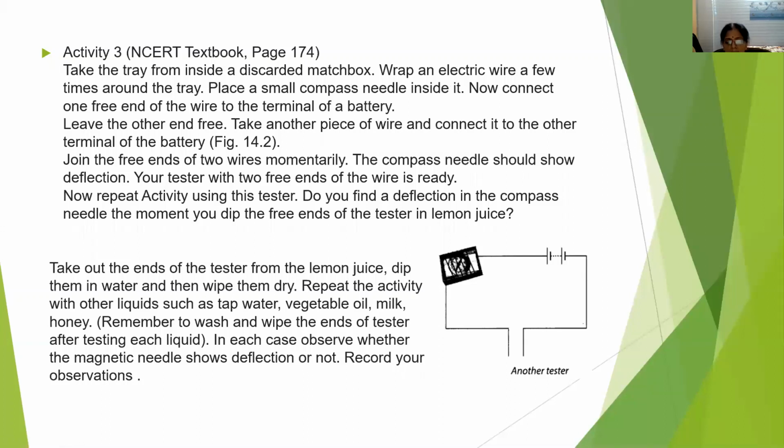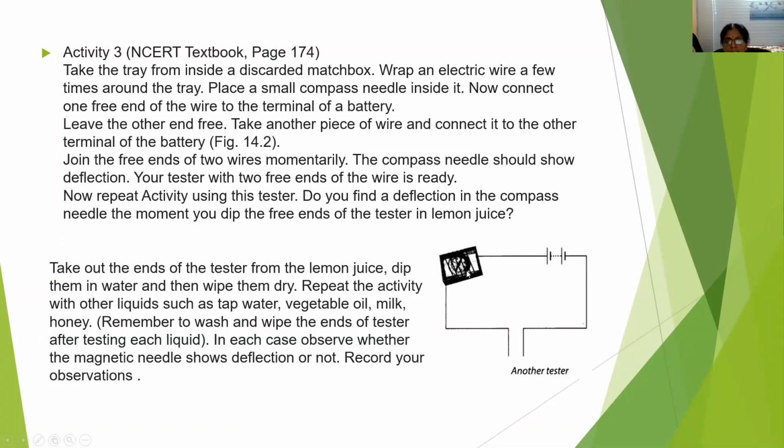Now, next activity, let's do this by using another tester. Here you have to take a matchbox tray, that is, a discarded matchbox without matchsticks. We have to take the empty matchbox tray and wrap an electric wire a few times around it.